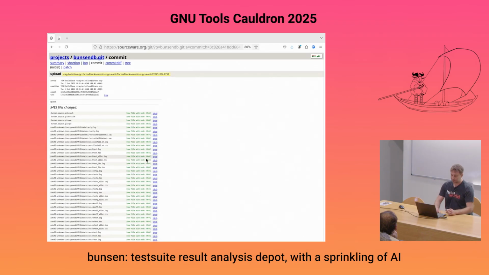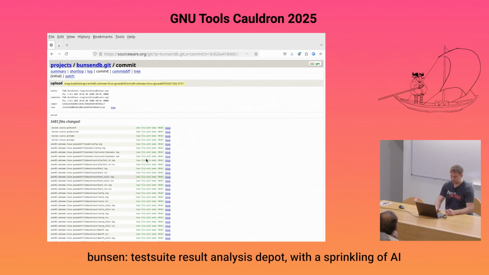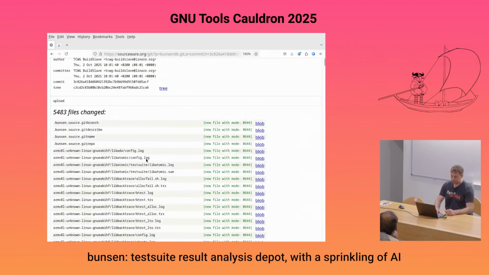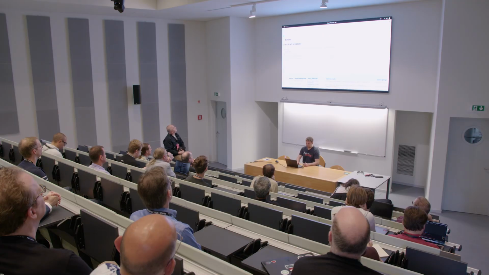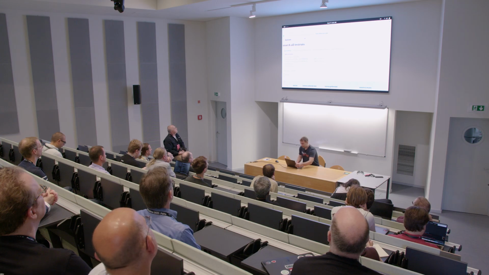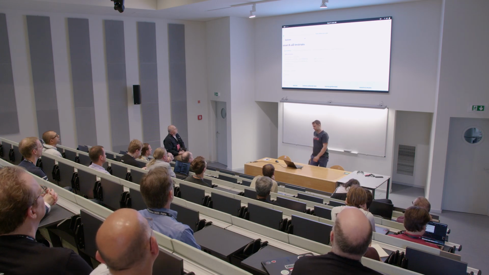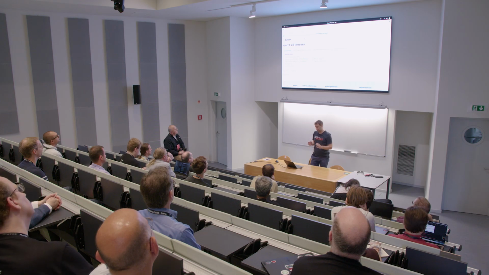Now, how does Bunsen look? So what I did is that I took part of the repository from Sourceware, git fetched it locally, and ran Bunsen on top of it.